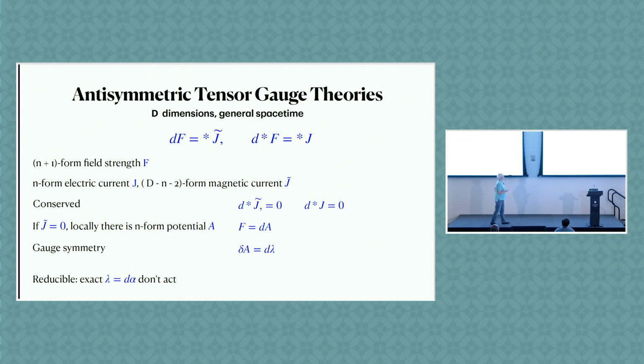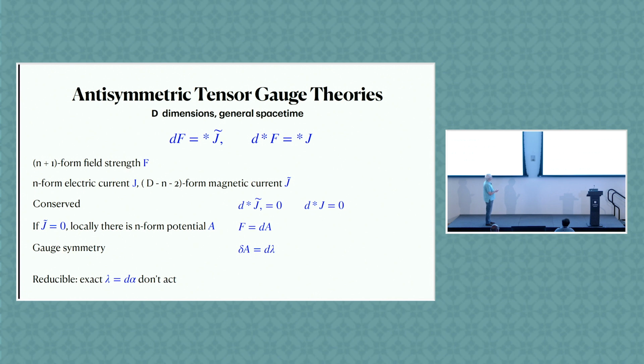So just quickly, if we look at an antisymmetric tensor gauge field, an n-form gauge field with field strength F, there's an electric current, which is an n-form, and a magnetic current, which is a d minus n minus 2 form. And these are both conserved.